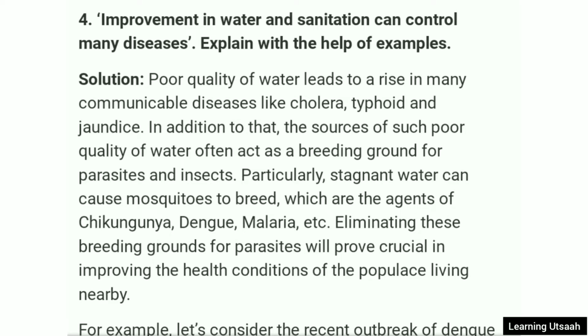In addition to that, the sources of such poor quality of water often act as a breeding ground for parasites and insects.